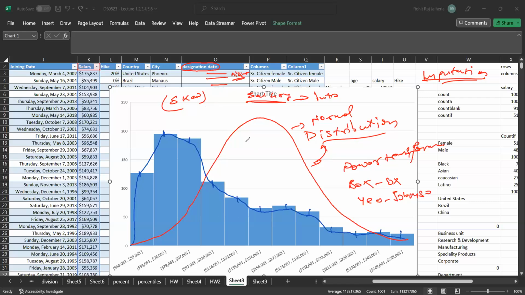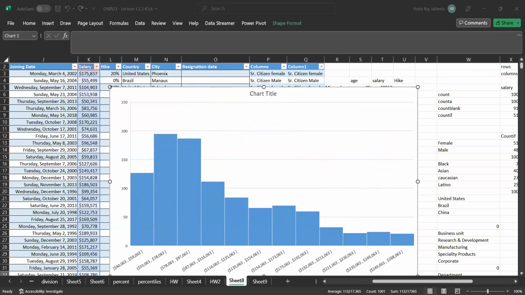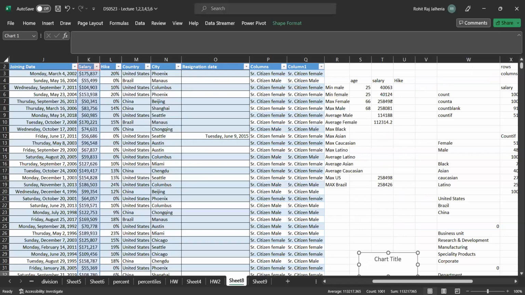right? So this is how your normal distribution looks like. And the one mentioned in the blue line, this is basically where skewness is present, right? You can directly calculate the skewness on any column. Let's say I want to calculate the skewness, let me pick maybe this particular cell, right?